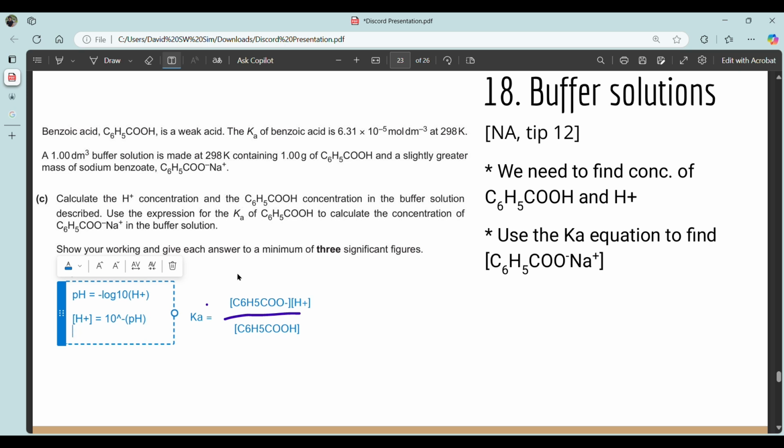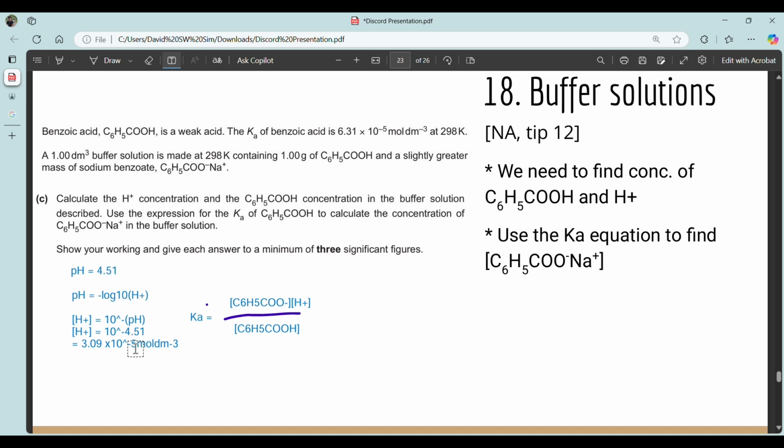So in this case, it equals 3.09 times 10 to the power negative 5 moles per decimeter cube.